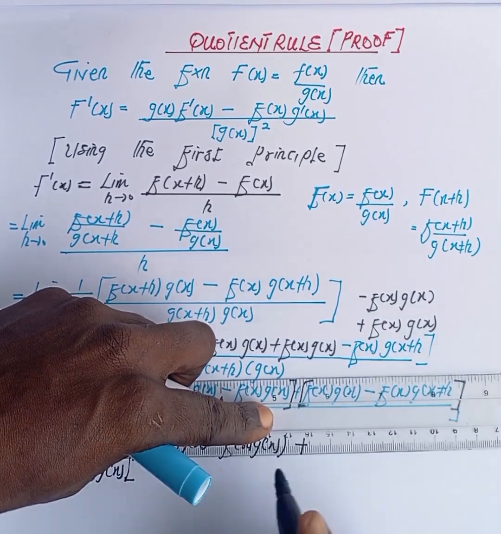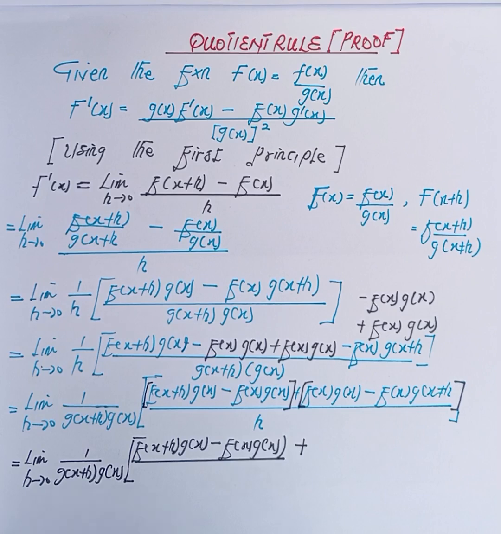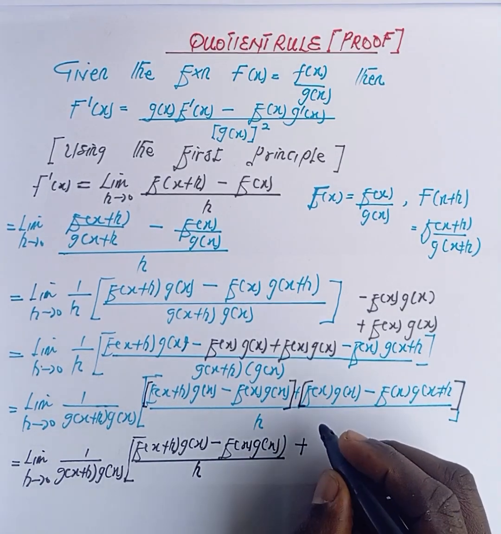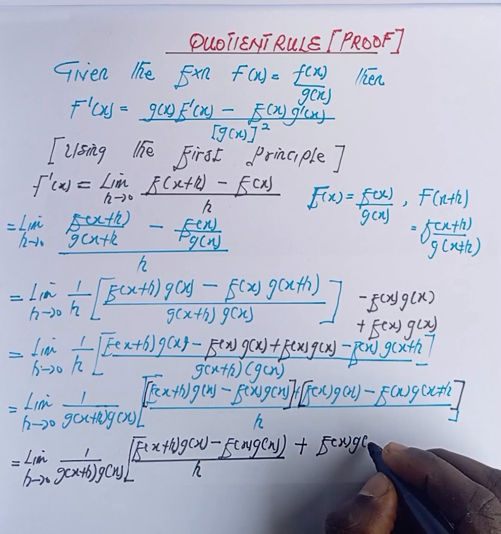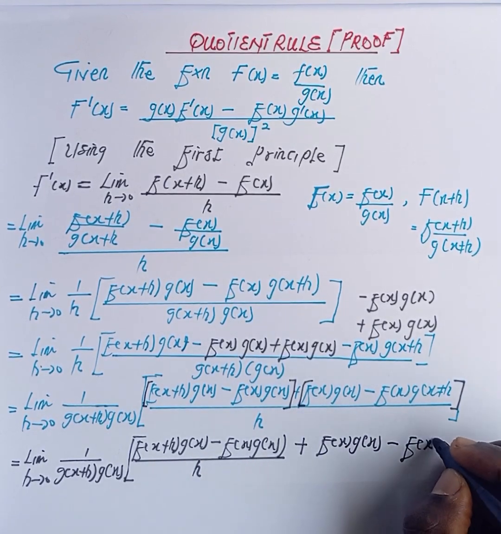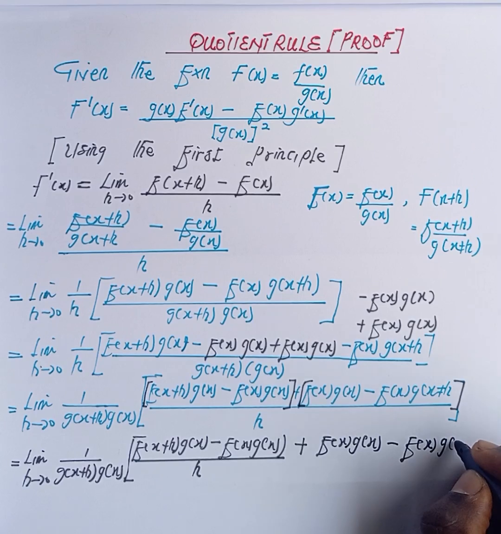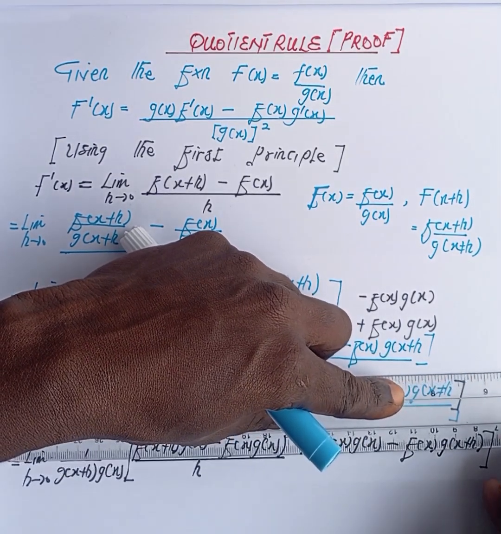Then we have the other part, f at x times g at x minus f at x times g at x plus h, and this side too is over h.